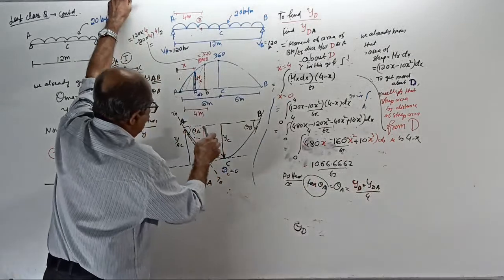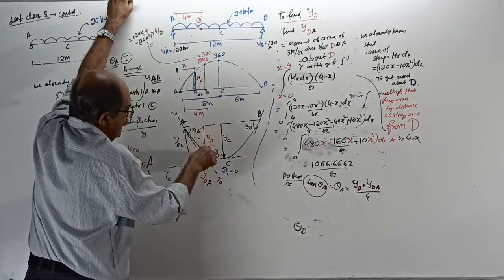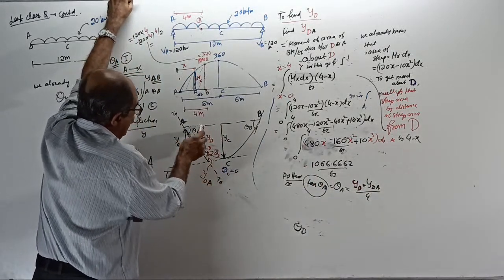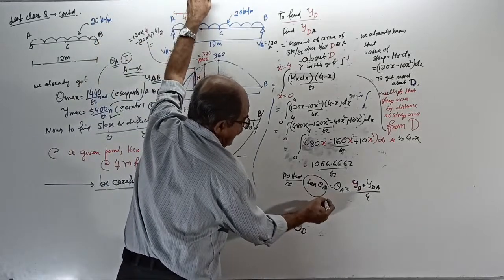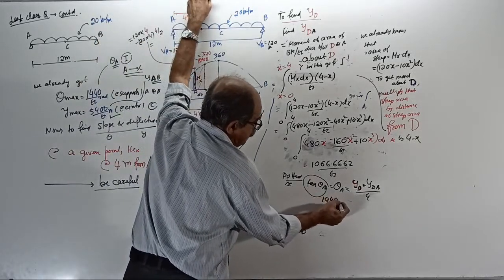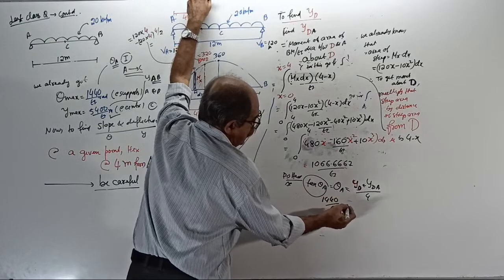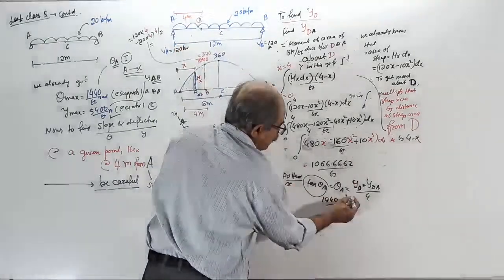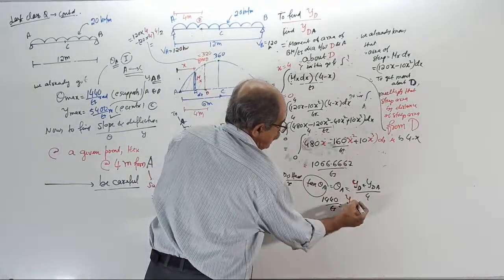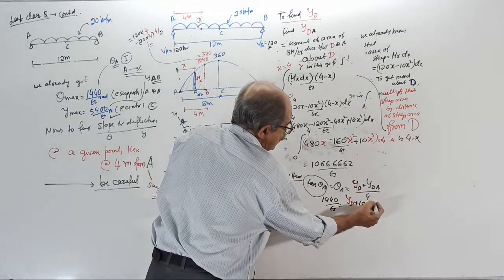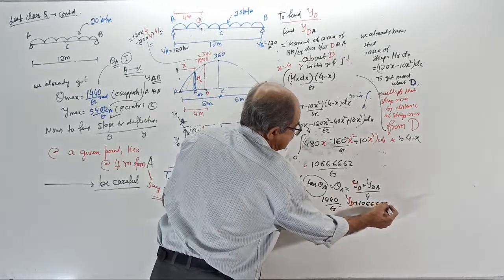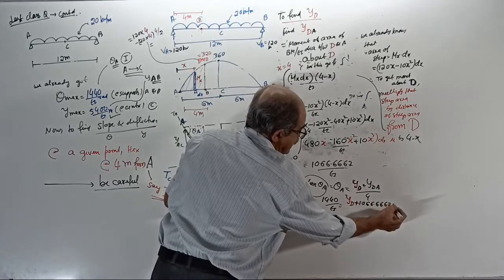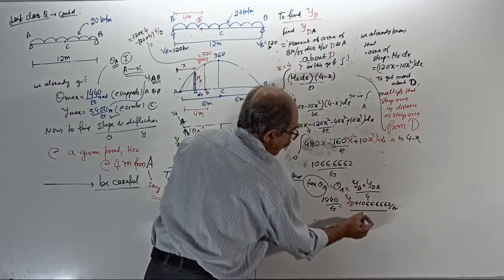You know theta A is 1440 by EI, equal to the deflection at D you have to calculate, plus YDA, which is 1066.6667 by EI, divided by 4.